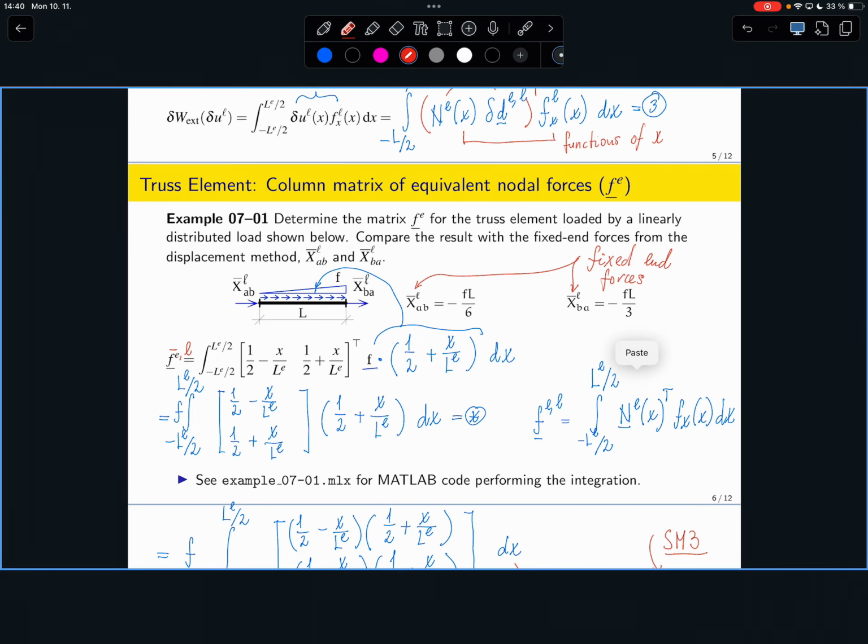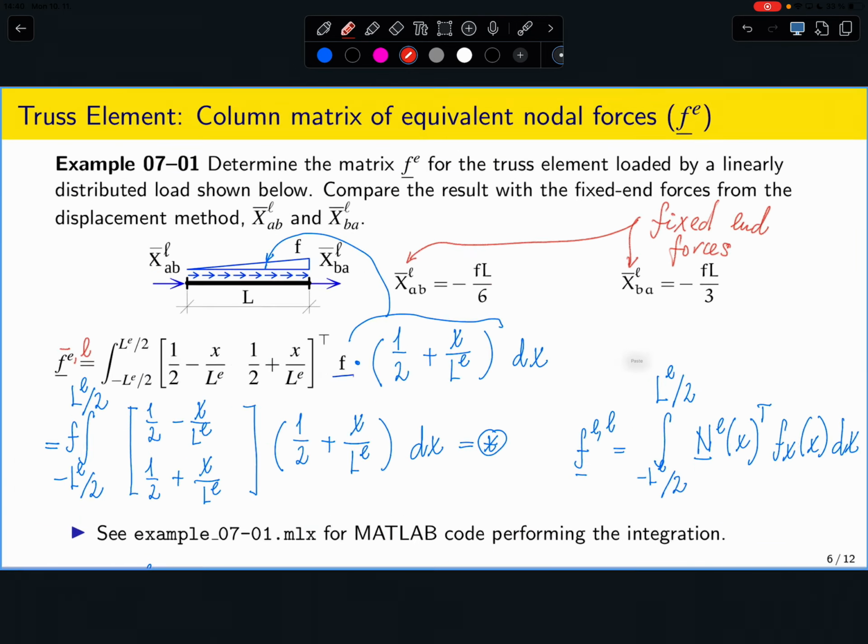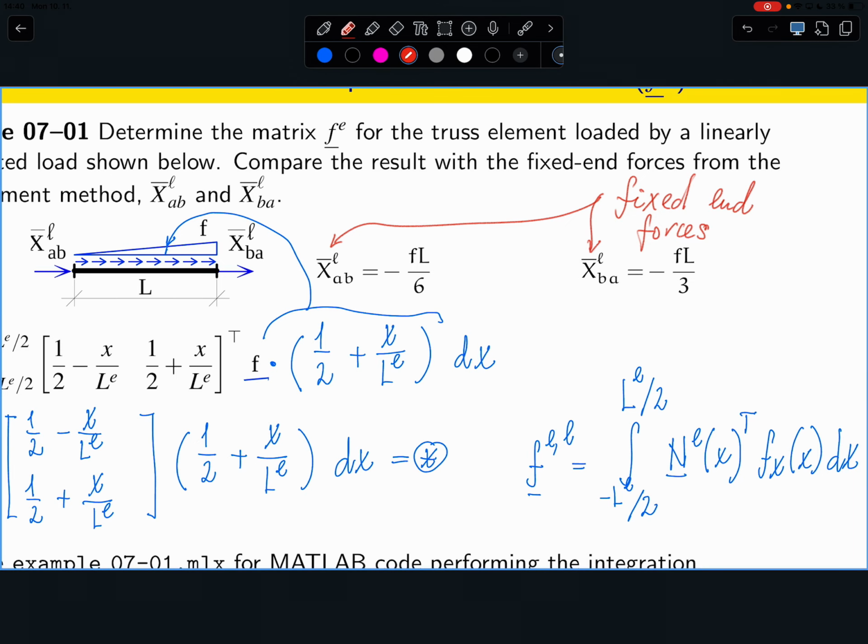So if I now try to explain what I get as a result, and this is to be highlighted, I'm saying that instead of computing the virtual work done by this distributed load, I can equally well do the following. I can take these distributed forces and transfer them to these resultants, F times L over 6 and F times L over 3.